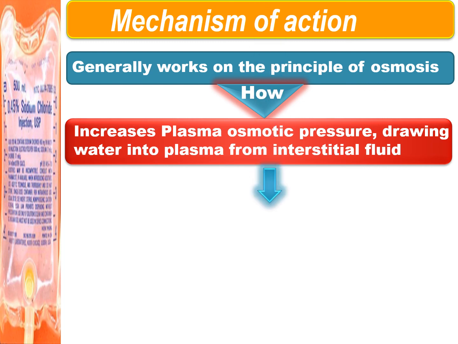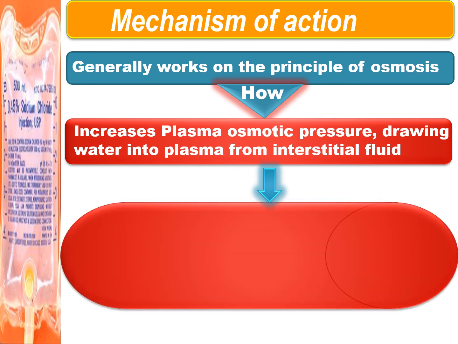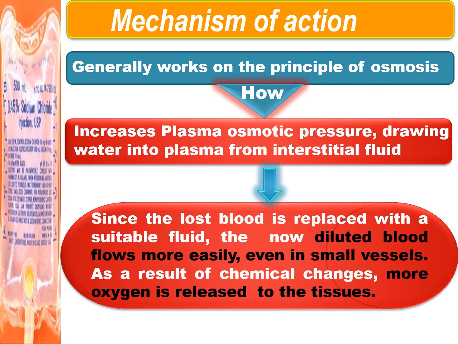So what happens? This increased osmotic pressure is responsible for the lost blood being replaced. Once the lost blood is replaced with a suitable fluid, the new diluted blood flows more easily, even in the small vessels.